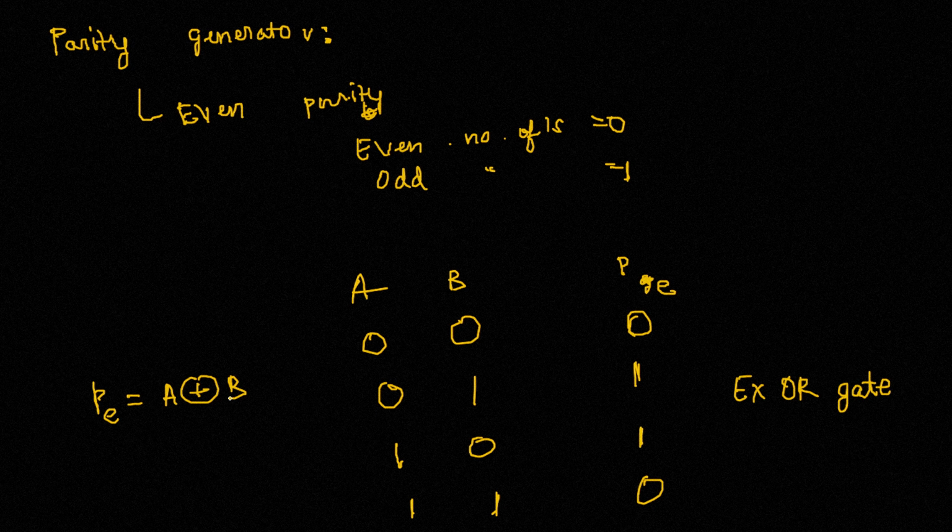Okay, so now let's see the same parity generator for A, B, C, three variables. So we have 0, 0, 0, 0, 0, 1. So this remains 0 because of an even number of ones.